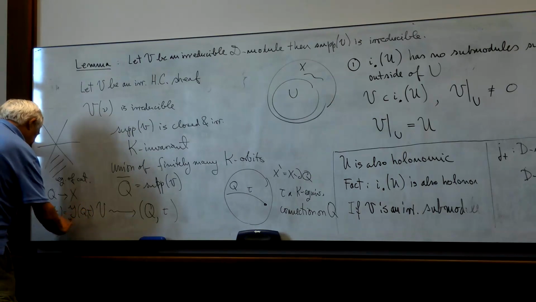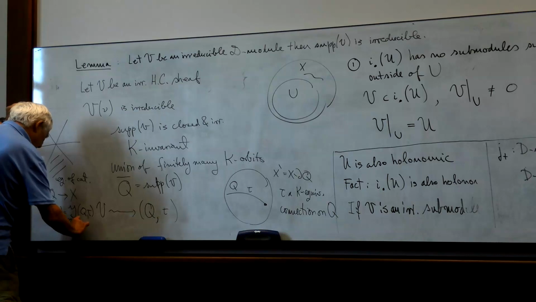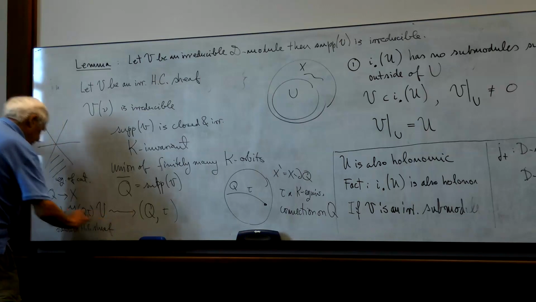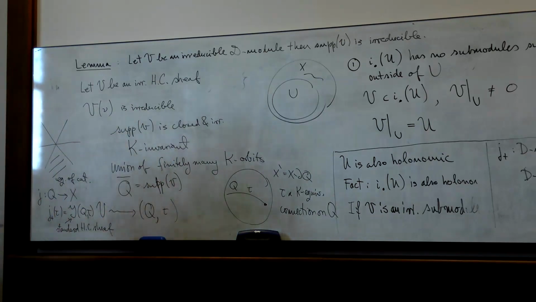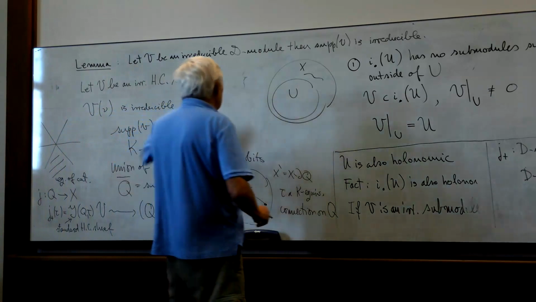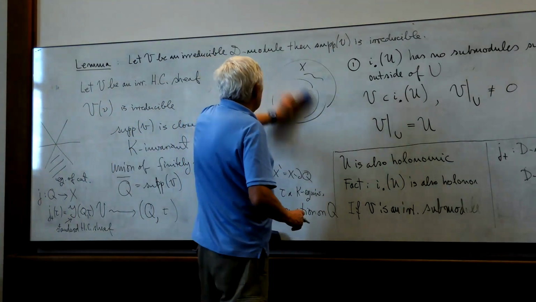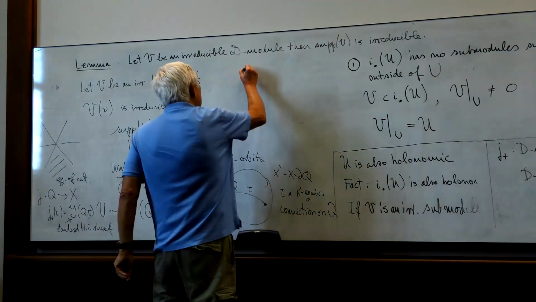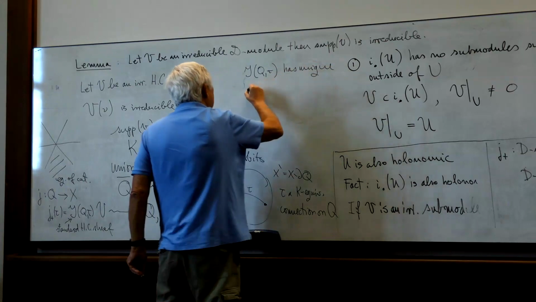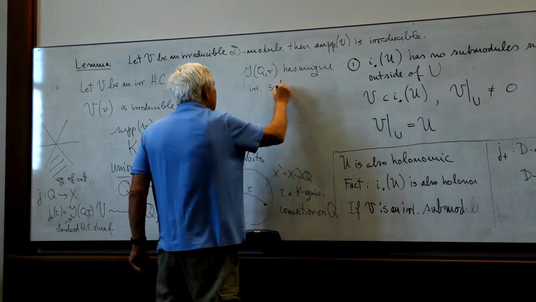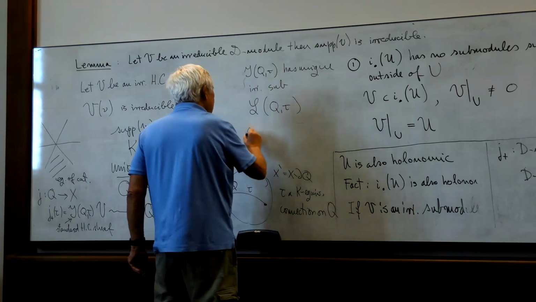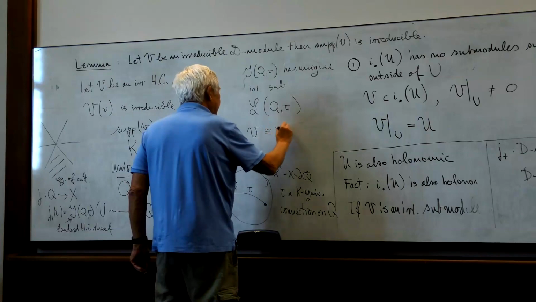So this is a standard Harish-Chandra sheaf. Then the standard Harish-Chandra sheaf has a unique irreducible sub, let's call it L Q tau. And V is isomorphic to L Q tau.